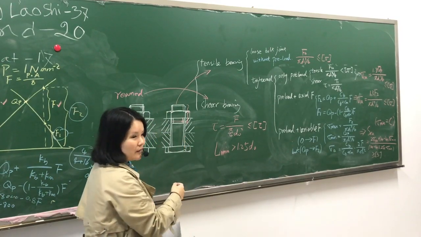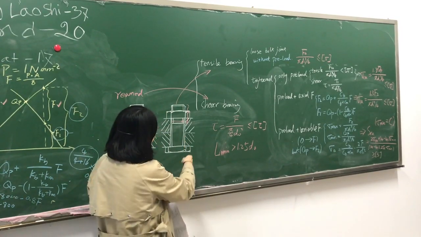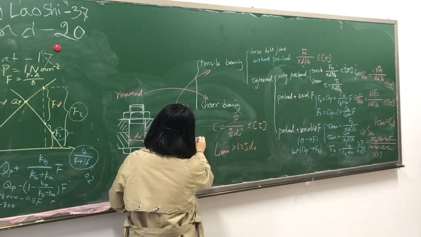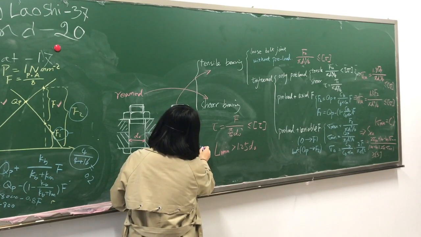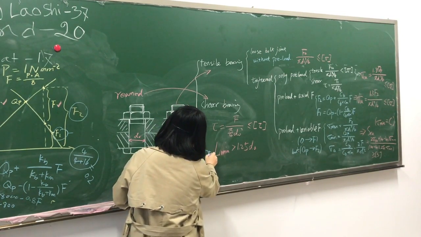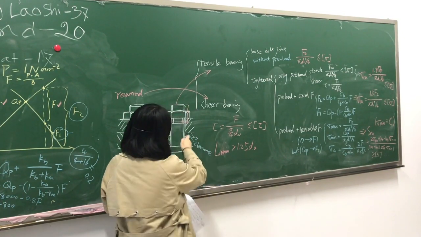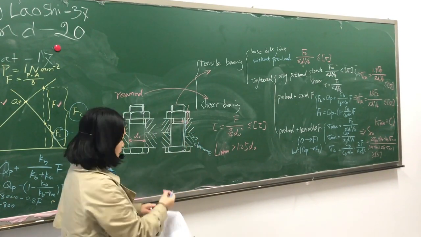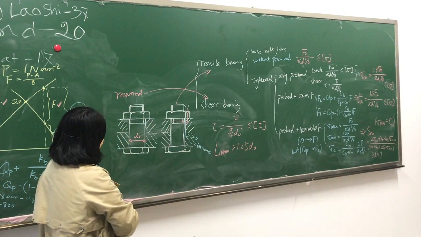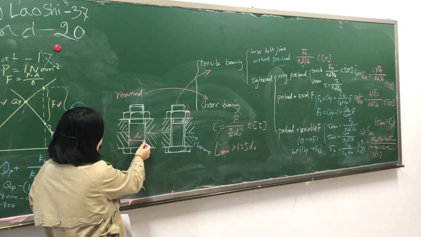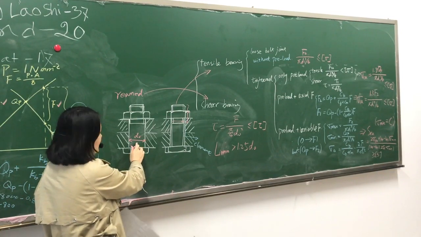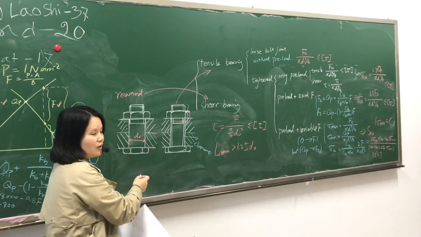Okay, and there is a clearance between the bolt and the hole. Okay, and there is low clearance between the bolt shank and the hole.